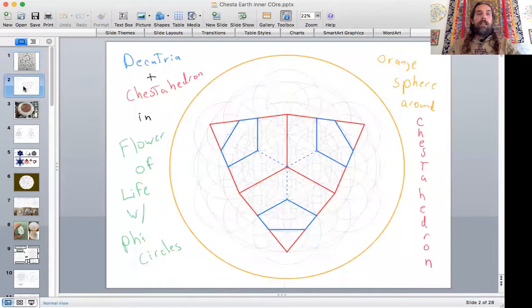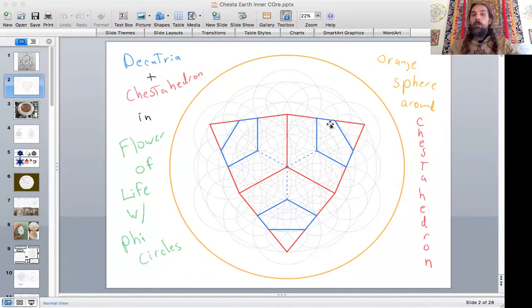It contains a lot of things that I've really been excited about and inspired by in a lot of my videos, if you've seen them, which is the relationship of the Chestahedron and the Decatria to the flower of life. As I described in my previous videos, the flower of life doesn't draw the icosahedron and the dodecahedron accurately.